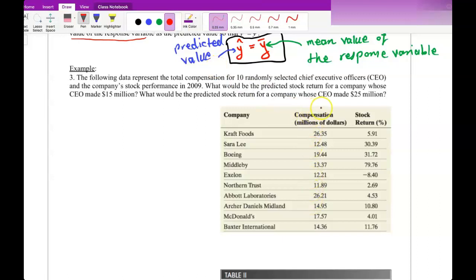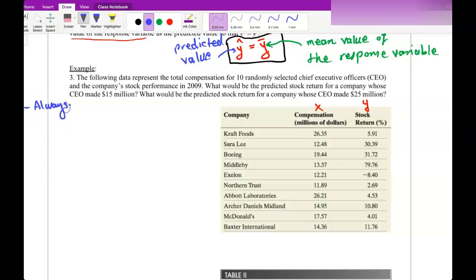So the first column here, this is x, our explanatory variable, and here the outcome is our stock return based on what the question is. We know that our response is y. So first, we should find what the correlation coefficient is.